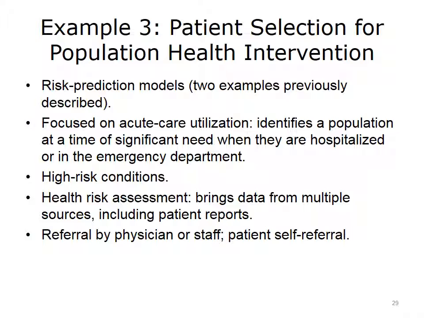Health risk assessment data often draw from multiple sources, including patient reports. So if patients report, for example, diabetes, poor self-management behaviors, or poor lifestyle behaviors, they may be good candidates for a population health intervention. Additionally, we can have referrals by physicians or staff, and patients and employees can refer themselves to population health interventions.